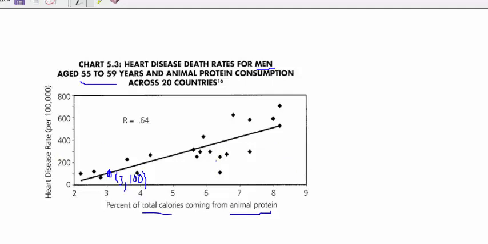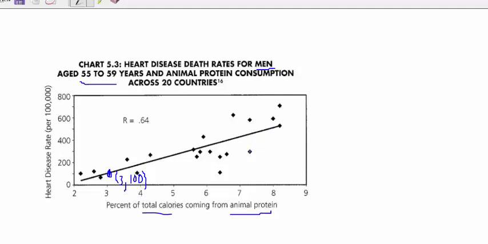Let me look for another good one. Here, I might have to estimate on one of these points.